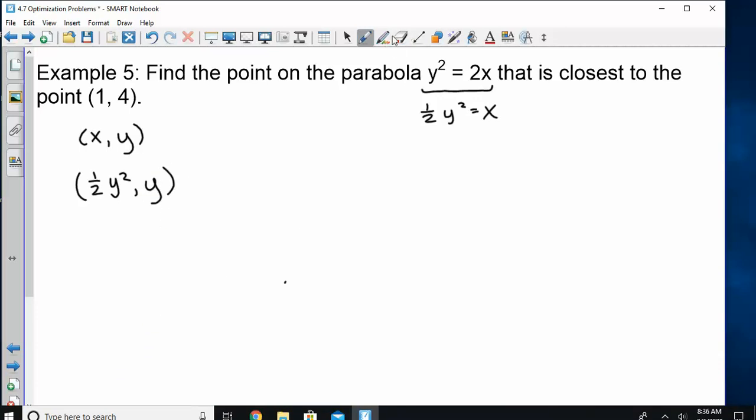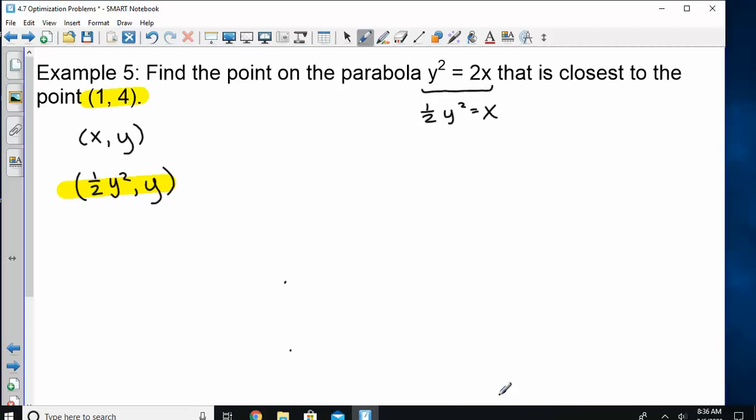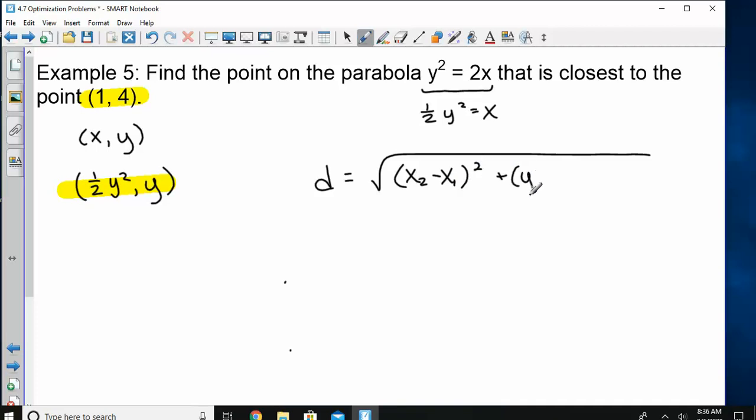I want these 2 points to be as close as possible. So am I maximizing or minimizing? Minimizing, because I want them close. What am I minimizing? Distance. Do we know how to find distance between 2 points? Is there a distance formula? Remember the distance formula from Algebra 1 days?